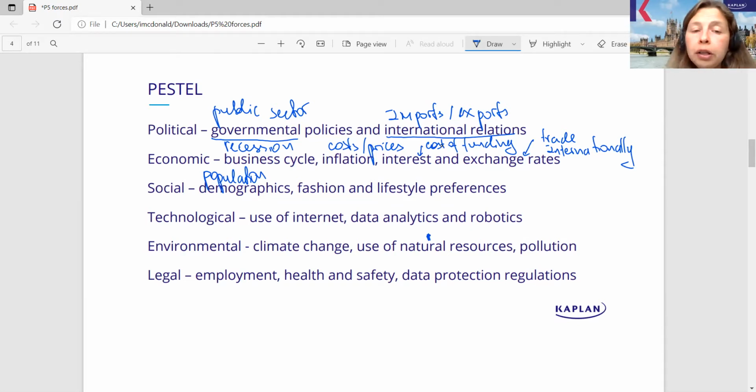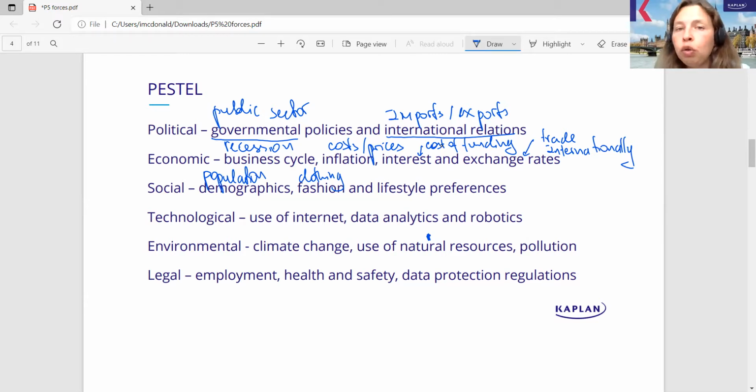Other social factors will include fashion. For example, in clothing, if you're one of those fashion-conscious students, you might consider what is the latest trend, what should I invest in terms of a new outfit. And companies like Zara have picked up on this trend.